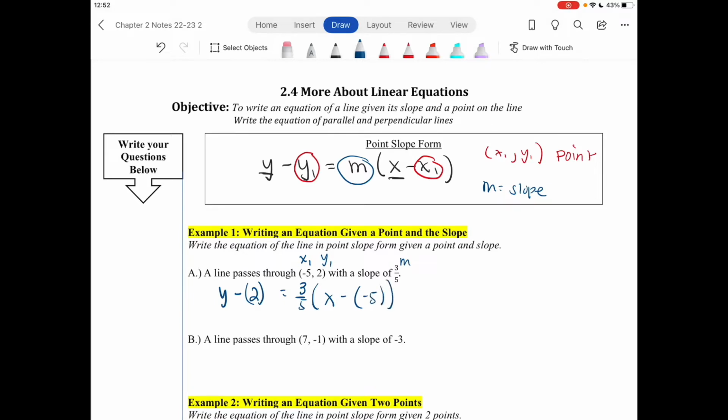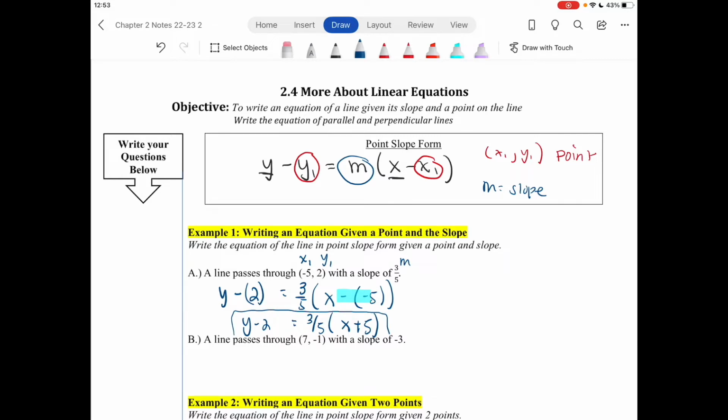was negative 5. And notice how I'm putting both the x and the y values in parentheses when I plug them in. Because when we have this subtraction of a negative number, we need to be careful to remember that we're actually multiplying by a negative, so therefore it's going to change it to be a positive value. So this would become 3/5 times x plus 5, and then we still have y minus 2 over on the left.